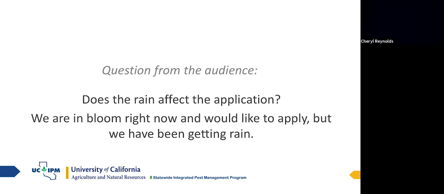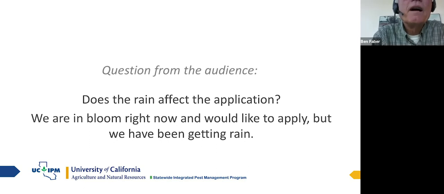Okay, the next one: does the rain affect the application? We are in bloom right now and would like to apply, but we have been getting rain. Yeah, good question. The material is applied and is absorbed by the flower pretty rapidly. So, 4 hours, 8 hours, when it rains, yeah, it'll work.